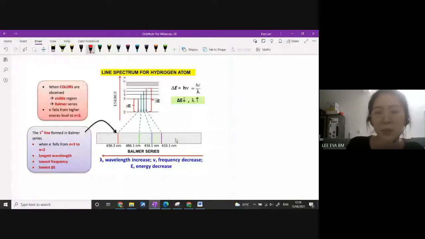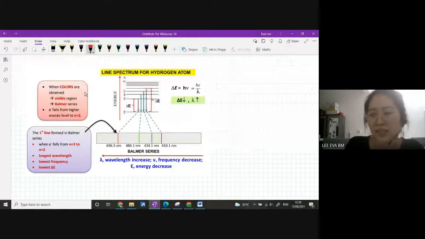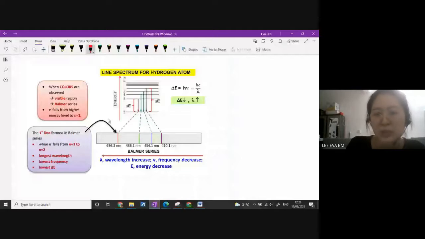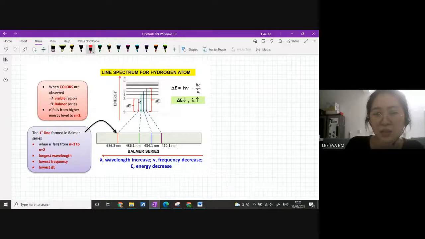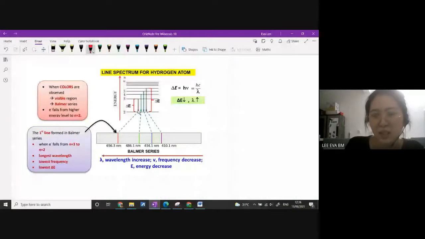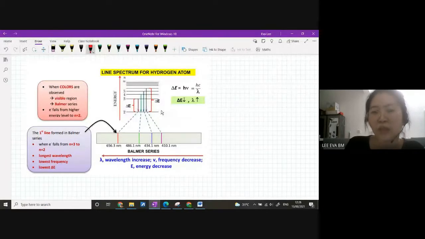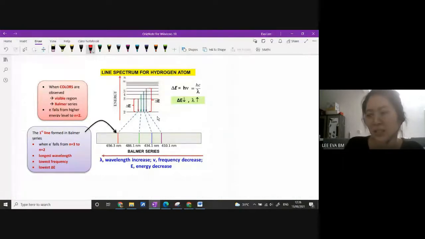But for this series, which is Balmer, it stops at energy level 2 only. If I close up on this, by referring to this energy level, you can see there is a 3 to 2 transition, 4 to 2, 5 to 2, 6 to 2. So every transition stops at energy level 2. You know that it is Balmer series.